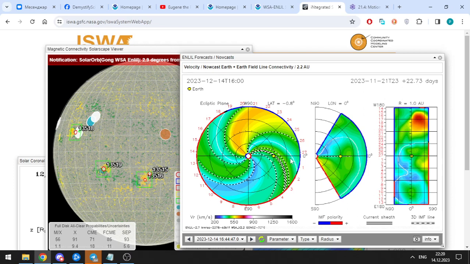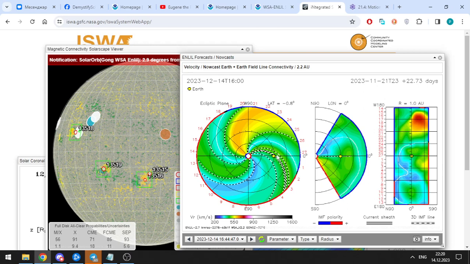These fast particles have a velocity of a significant fraction of the speed of light, could be 30 to 40%, maybe even higher. So they arrive in maybe 20 minutes, whereas the regular plasma, the CME, takes a couple of days to reach us. So it's a big difference, right?